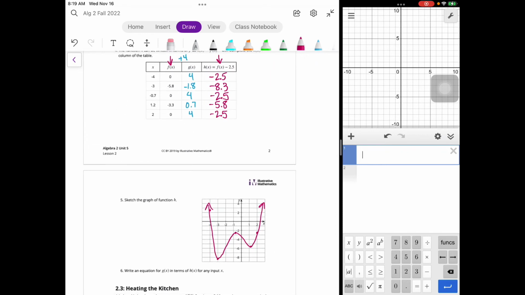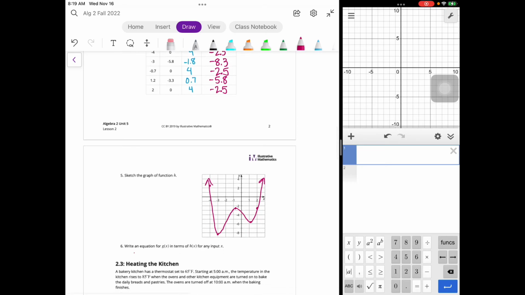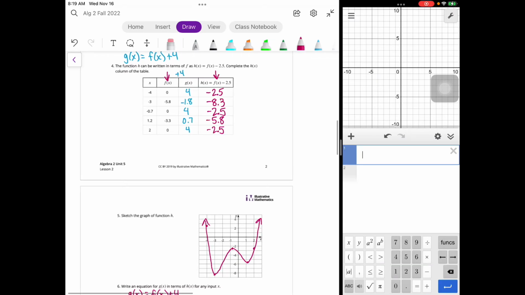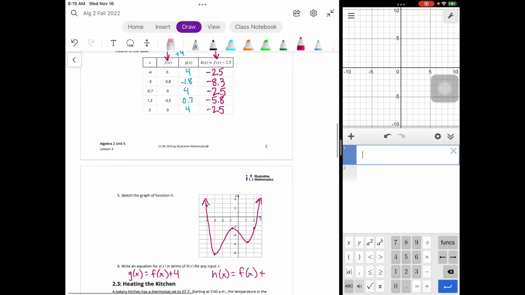So g of x, remember that g of x was equal to f of x plus 4, right? And h of x was equal to f of x minus 2.5.